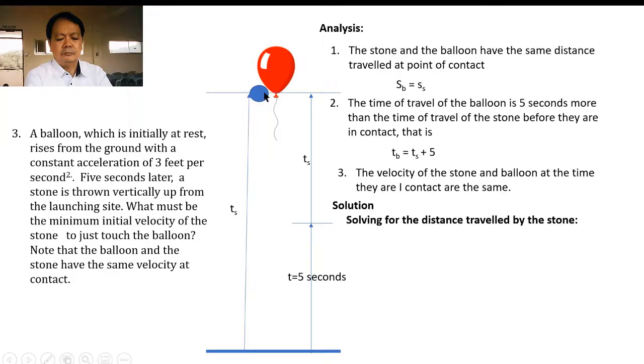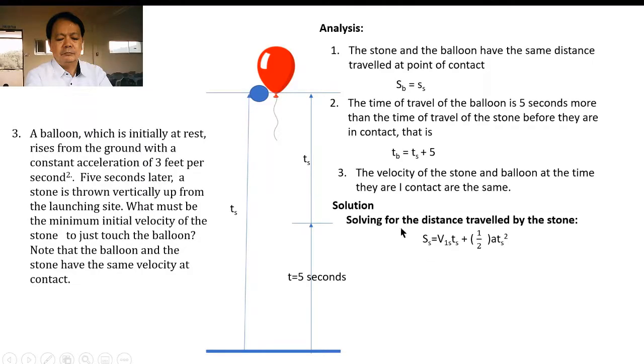How do we compute for this distance traveled by the stone? Using the simple distance formula, S equals v sub 1 t plus 1/2 a t squared. So, tawagin natin dito yung t sub s, the time of the stone. And v sub 1s is the initial velocity of the stone na siya natin hinahanap in the problem. Di ba? And s is not known also, di ba?